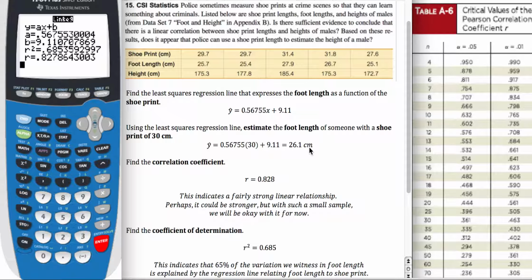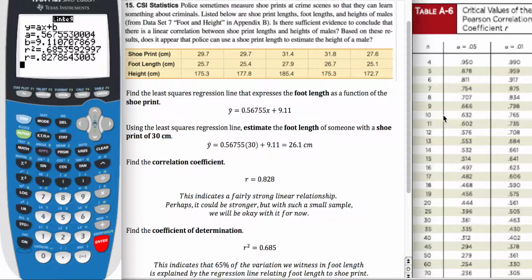To investigate a little bit about the strength of the linear relationship, we're going to look at the correlation coefficient. Notice here we have r equal to 0.82786. I've just rounded it to 0.828. This indicates a fairly strong linear relationship. Perhaps it could be stronger, and it may not be to the strength that we would like from the table.